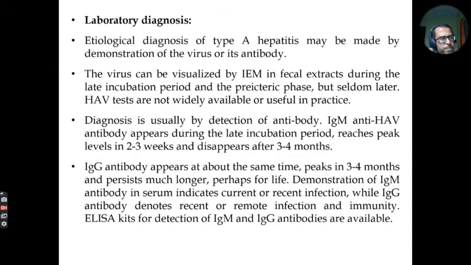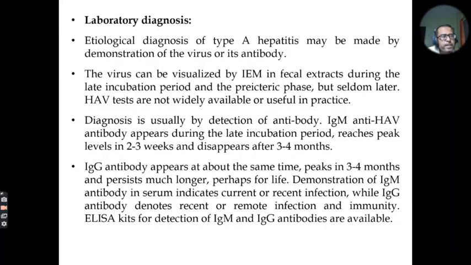If we detect IgG antibody, it denotes that there is a recent or remote infection or immunity. Special types of ELISA kits are available for the detection of IgM and IgG antibodies against the hepatitis A virus.